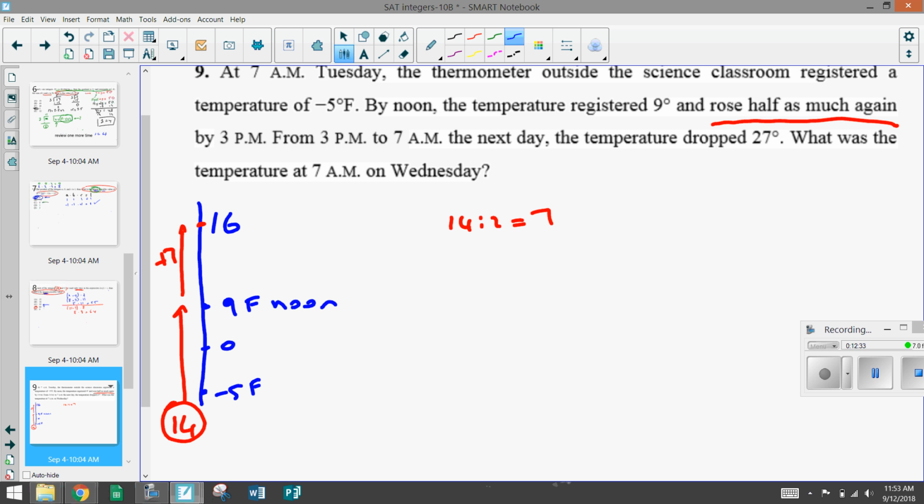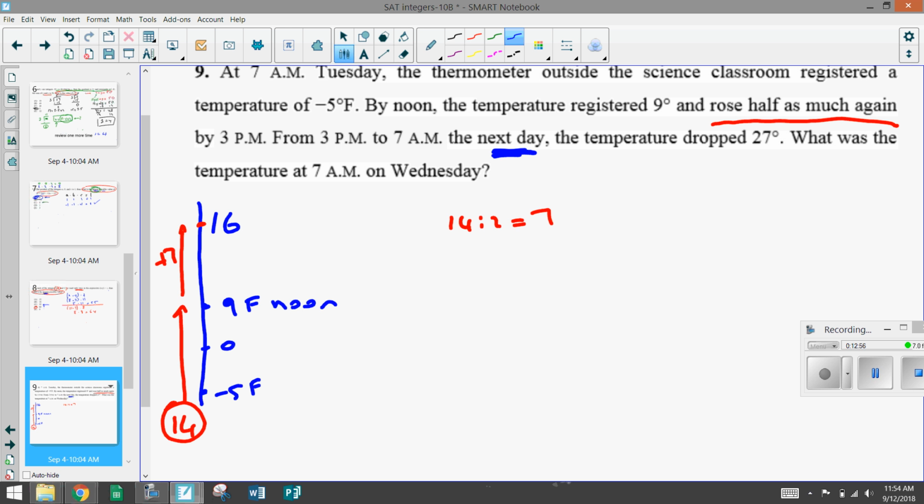And so, continue. The next day, this morning at 7 a.m., the temperature dropped 27 degrees. What was the temperature at 7 a.m. on Wednesday? Oh, so we're at 16. Subtract 27.